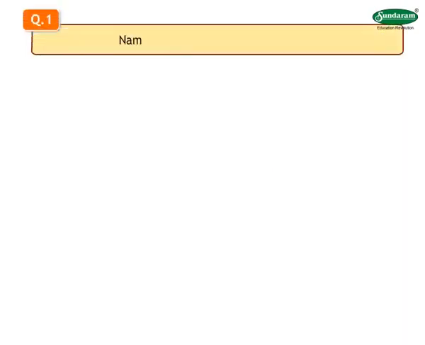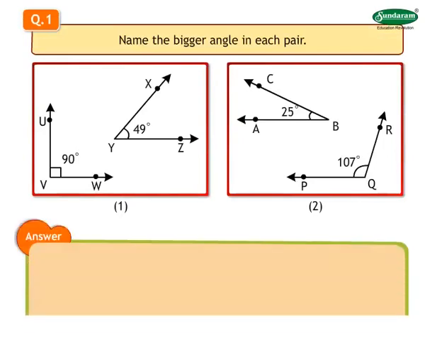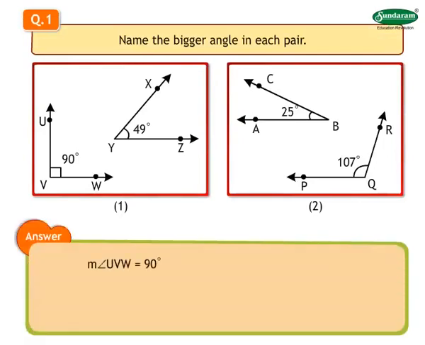Number 1. Name the bigger angle in each pair. Answer. Measure of angle UVW is equal to 90 degrees. Measure of angle XYZ is equal to 49 degrees. Therefore, angle UVW is greater than angle XYZ.